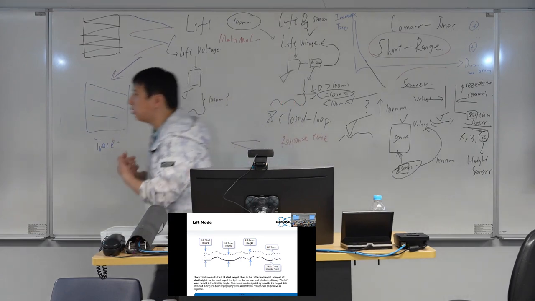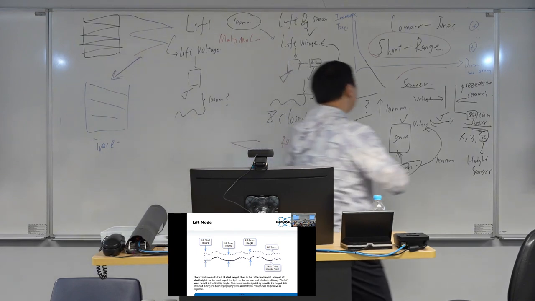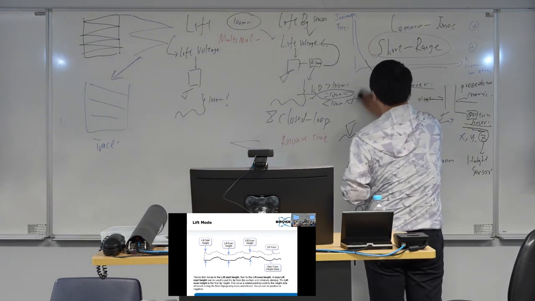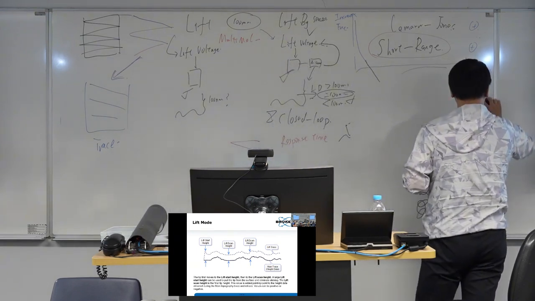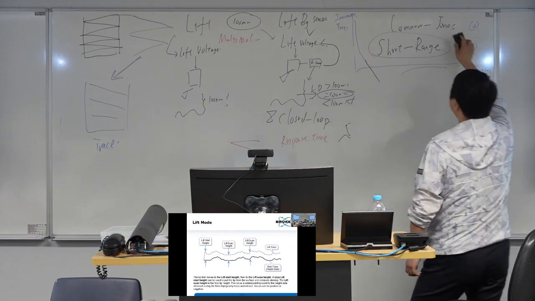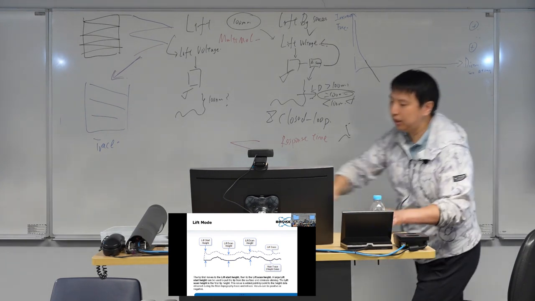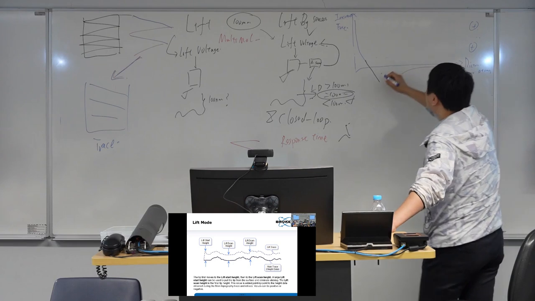Finally, let's go to our lift mode. So we remove this and we keep this force.